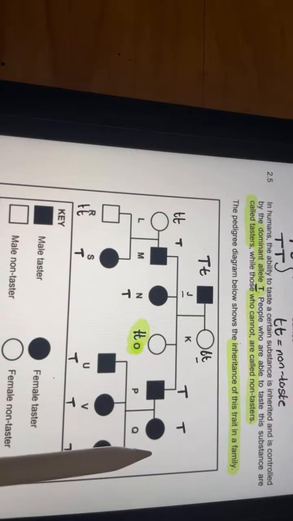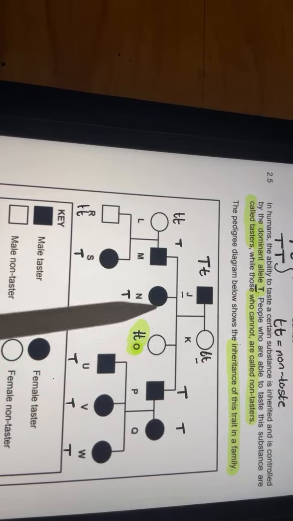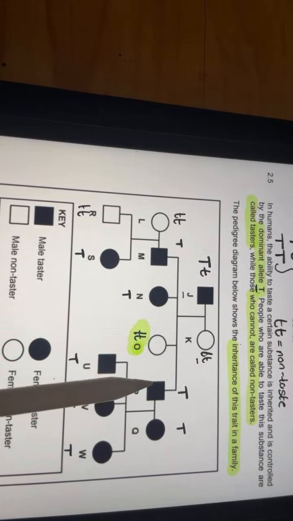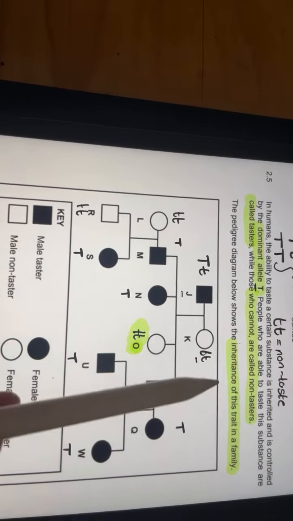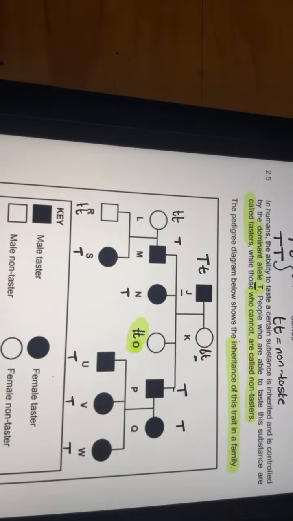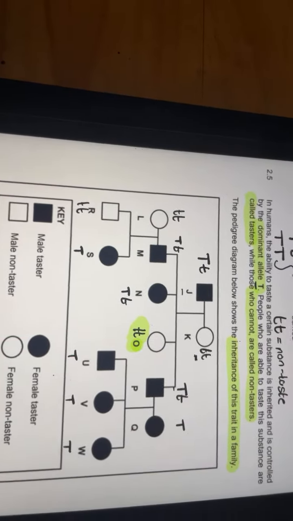All these other children got a capital T from their dad. And then M, N, and P, which are all siblings as well, they got their capital T from their dad. And their other letter can only be a lowercase t because that's all mom can offer. She can't give anything else. So we've already filled in those individuals.